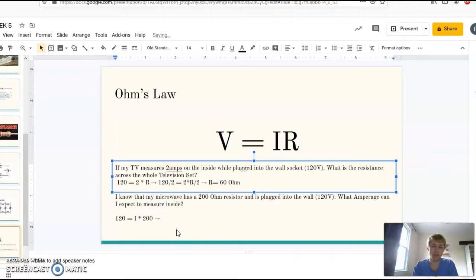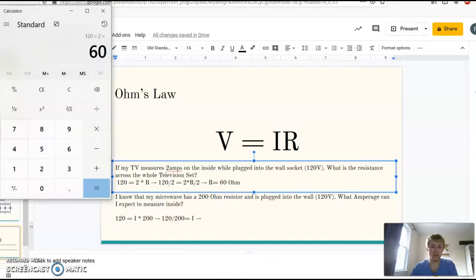Well, same process applies. We just divide both sides by 200 this time, since that's the coefficient we have in front of the variable. So let's try that. 120 divided by 200 is equal to I. So I is equal to, well, 120 divided by 200 is 0.6.